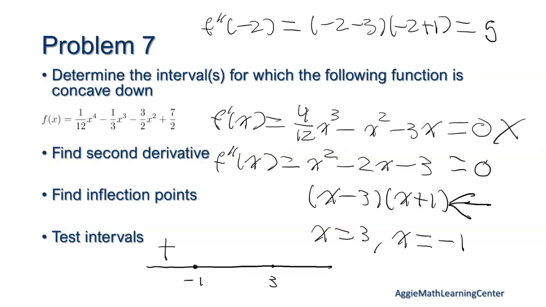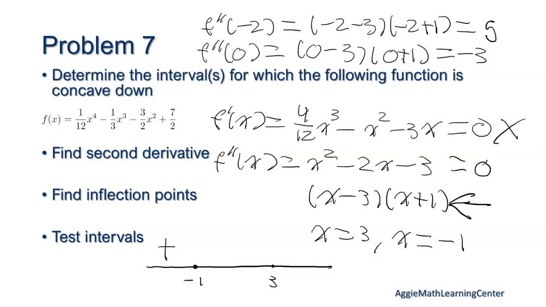Okay, now let's plug in 0. In this case, we can plug in 0. 0 minus 3 times 0 plus 1 equals negative 3. So from negative 1 to 3, we're concave down. And lastly, if we plug in 100, we can plug in anything we want.